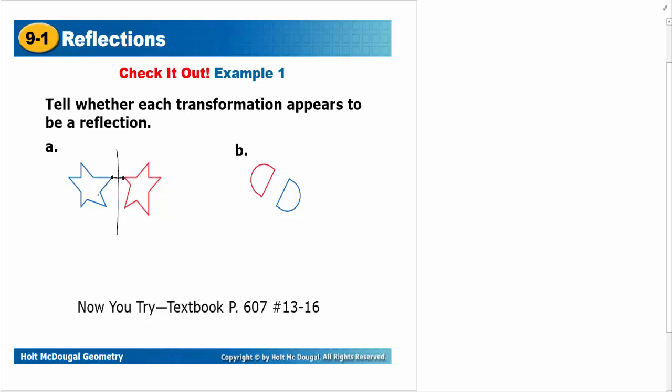If you look at this really long pointy end, it should be over here. So these actually aren't lining up if I tried to flip it over that line. So this is going to be no. You would say this is a rotation.